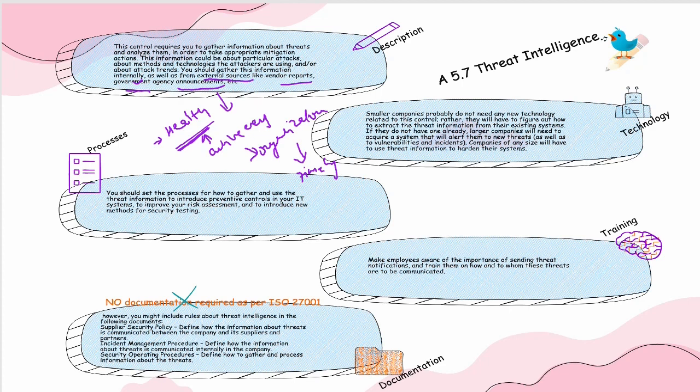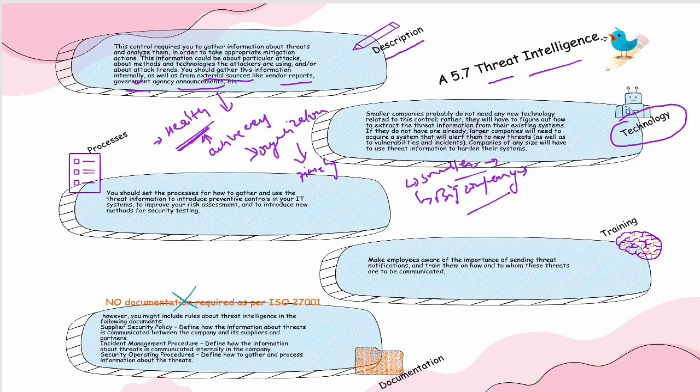And now coming to the technological need pertaining to this control. For the sake of understanding, we can take a smaller company and a big company, and see how these two types of organization can cater to this at the technological front.